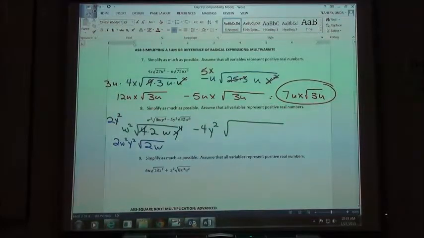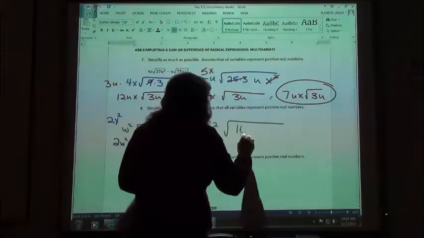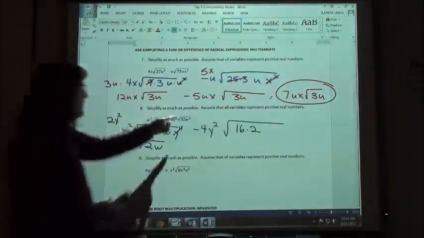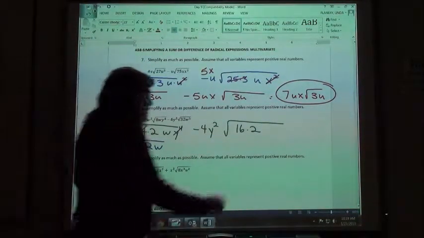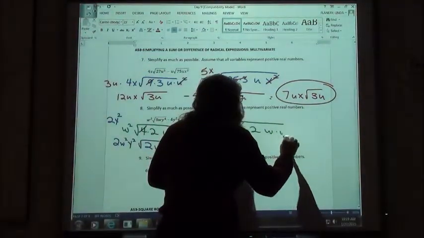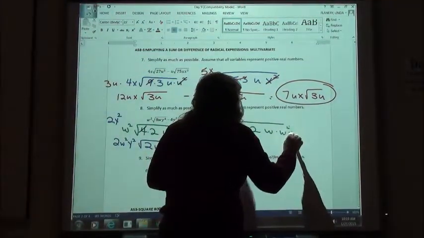Remember doing that one? Okay. So 16 times 2. My w to the 5th has an odd exponent, so I need to fix that. What am I going to do? w times w to the 4th.